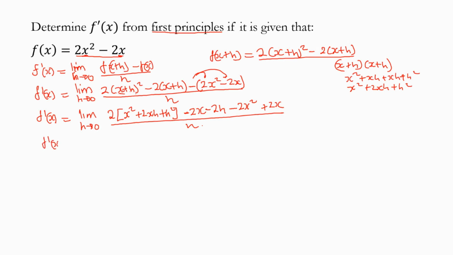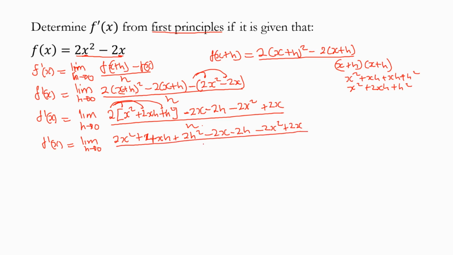So f prime x is equal to the limit as h approaches 0 of 2x squared plus, distributing the 2, 4xh plus 2h squared minus 2x minus 2h minus 2x squared plus 2x, all this over h. 2x squared minus 2x squared is 0. Negative 2x plus 2x is 0.